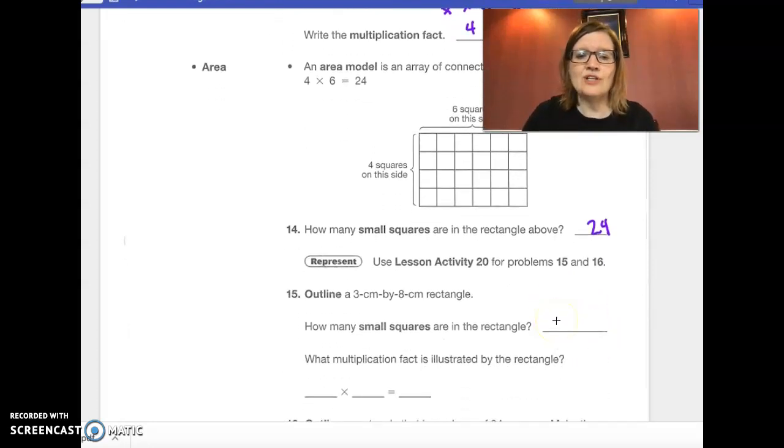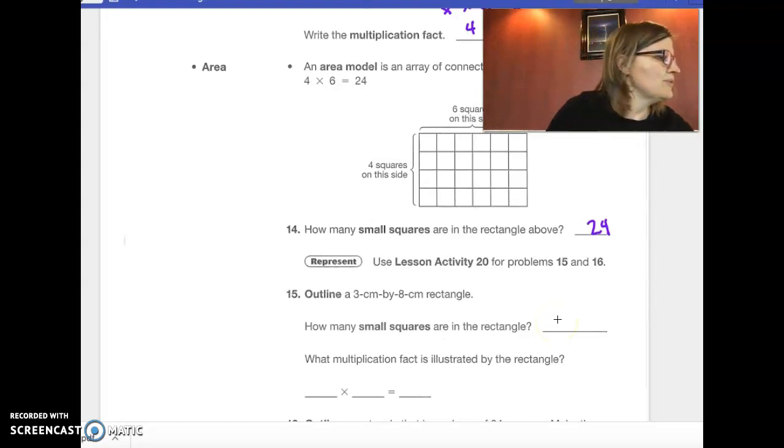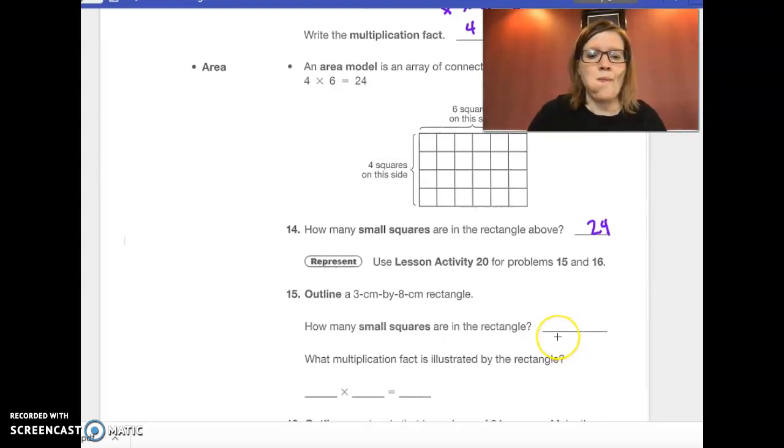They want you to refer to lesson activity 20 for problem 16. This would be found in your book. And so if you can refer to your book, they want you to get a sheet of grid paper and outline it. I will be providing that, so you'll have that.